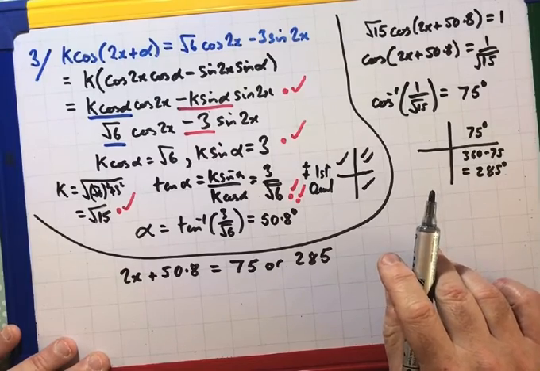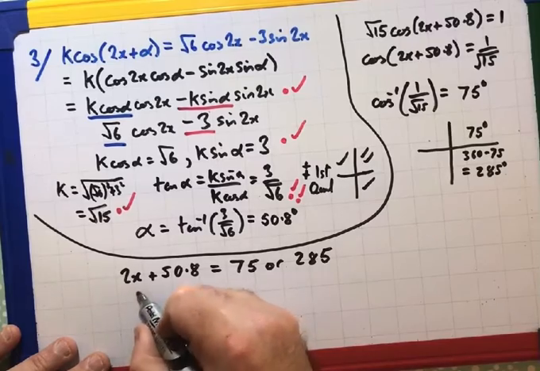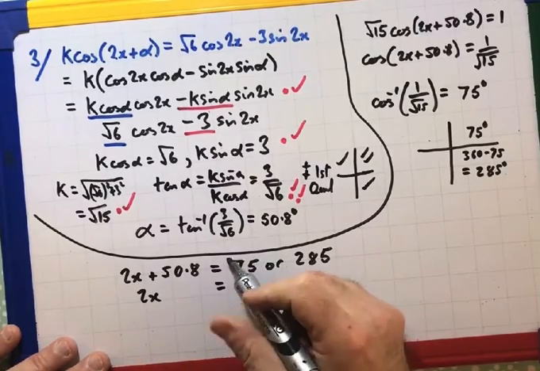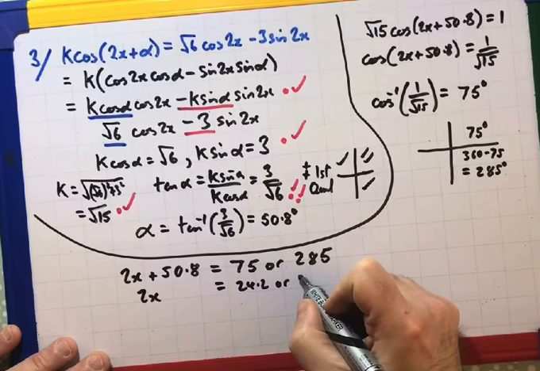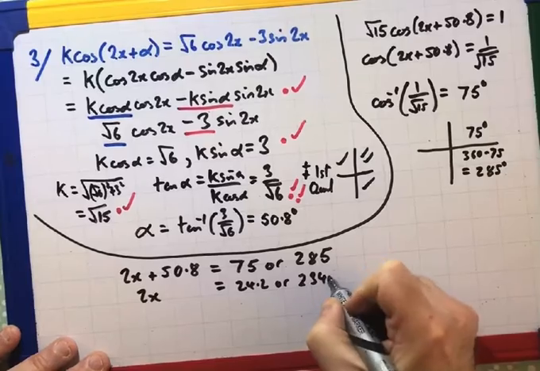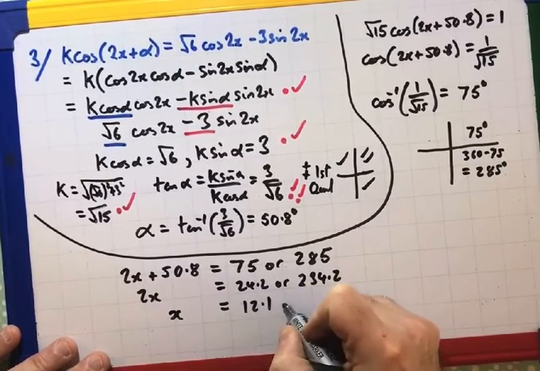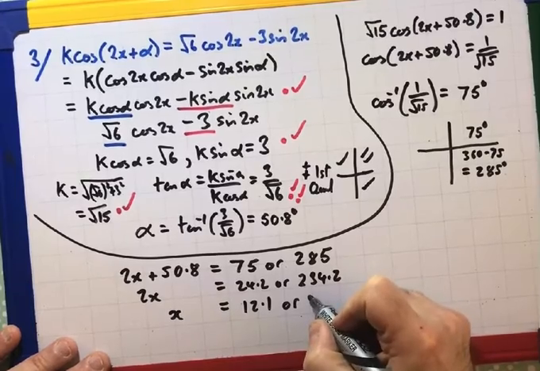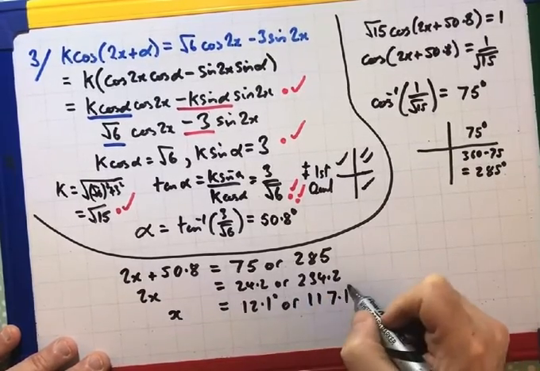So if we take 50.8 away, no, hold on. Yeah, if we take 50.8 away, we're going to get 2x equals 24.2 or 234.2. Divide by 2, you're going to get 12.1 or 117.1 degrees.